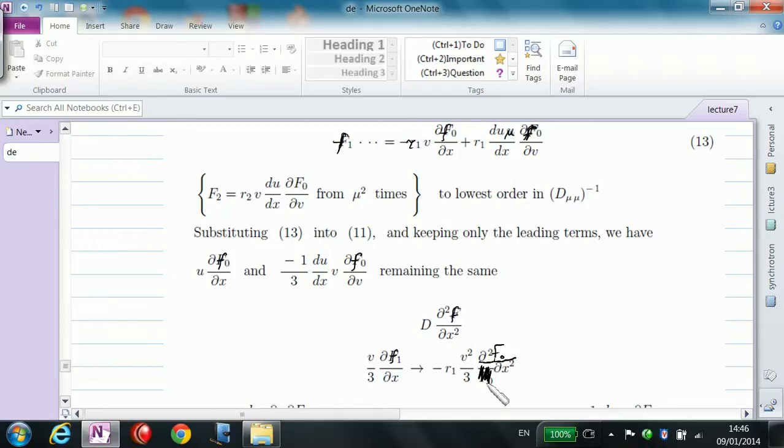Now notice that this term here is just the diffusion coefficient. And if you've ever heard that the diffusion coefficient is just the velocity times the mean free path divided by 3, now you know where the 3 comes from.